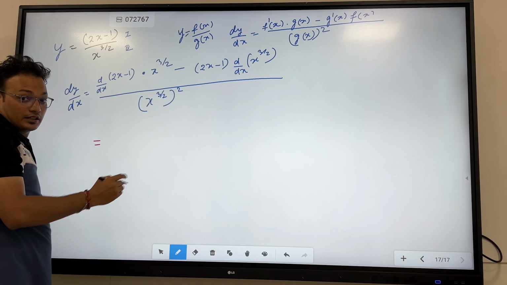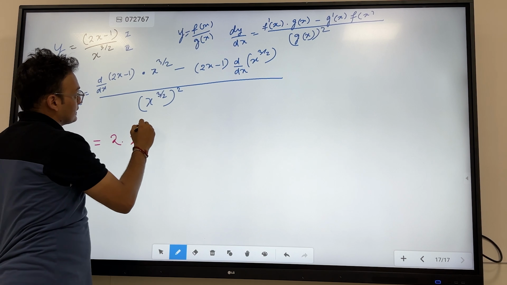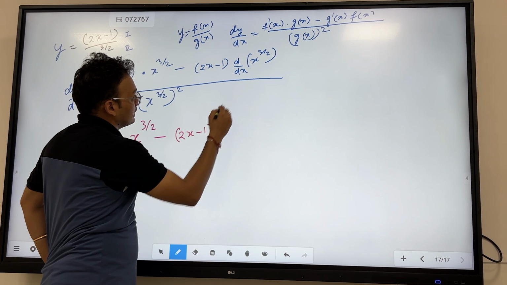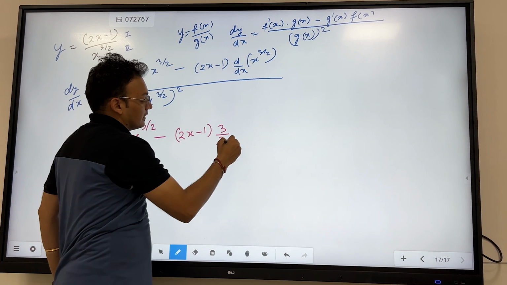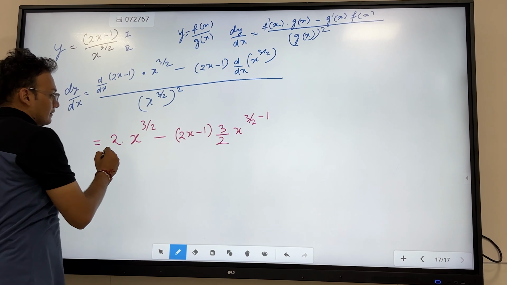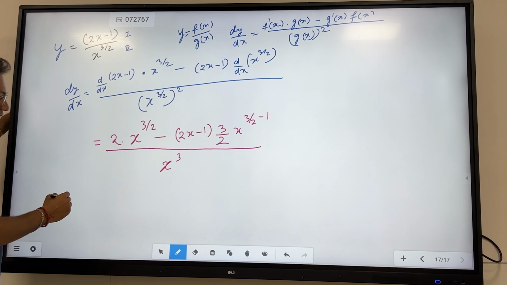Now you can see that this will be 2 times x raised to the power 3 by 2 minus (2x minus 1) times 3 by 2 x raised to the power 3 by 2 minus 1, divided by x cubed. So just simplify this one.